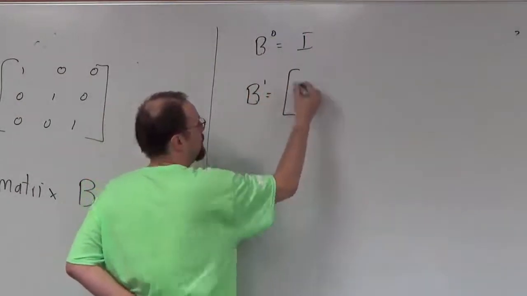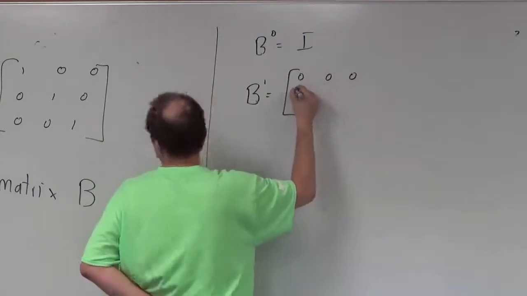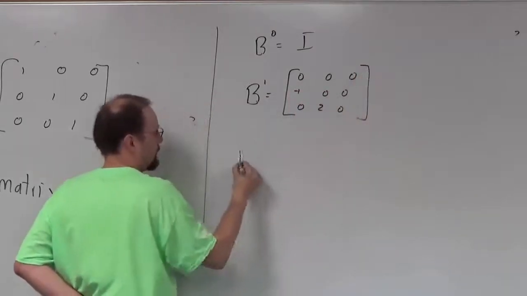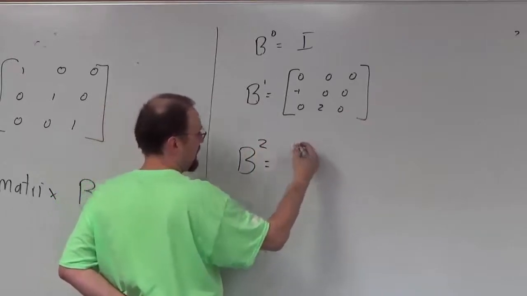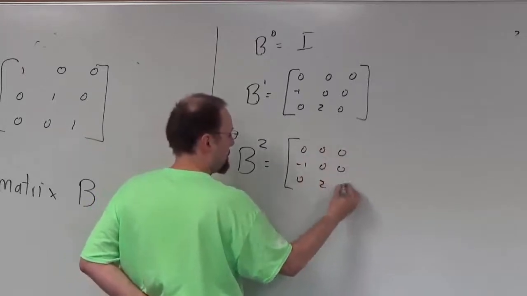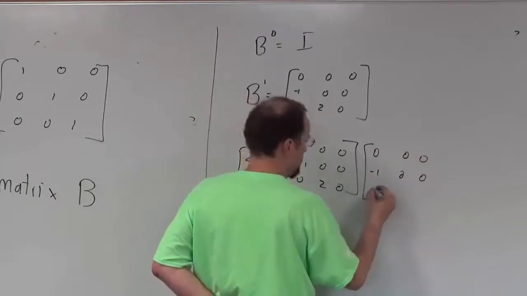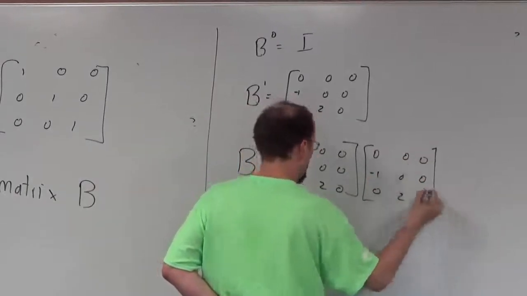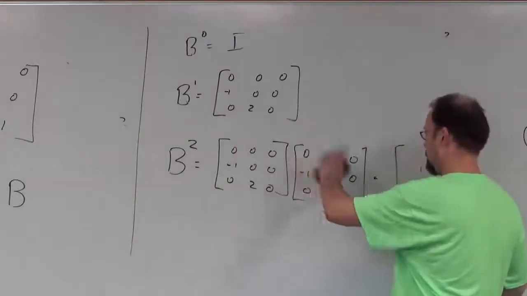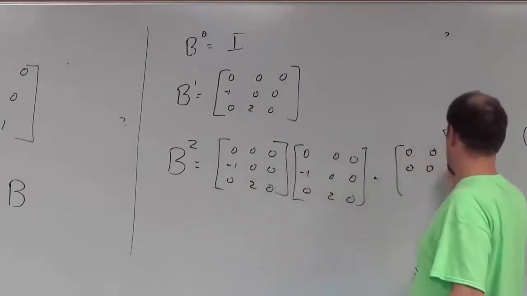B raised to the first power is just B. B squared is B times B, so let's see. 0, 0, 0. 0, 0, 0.